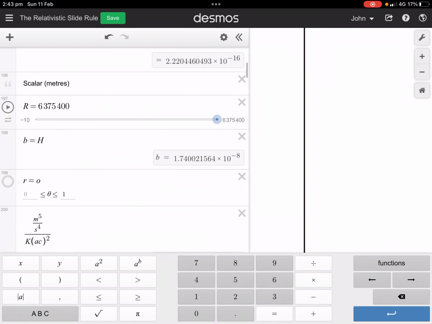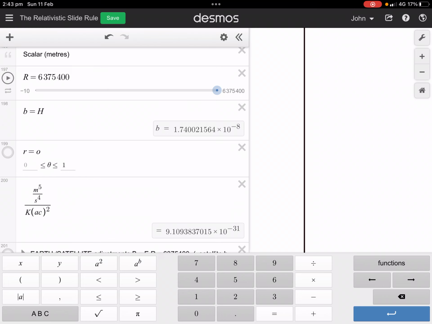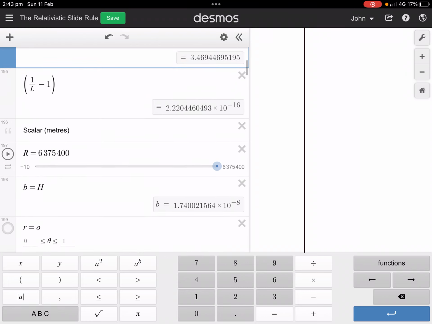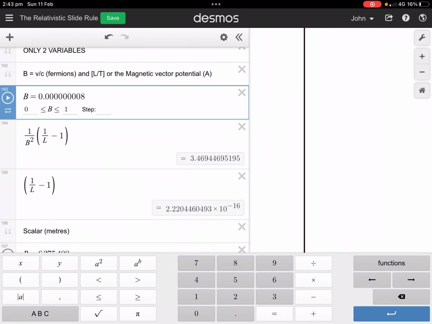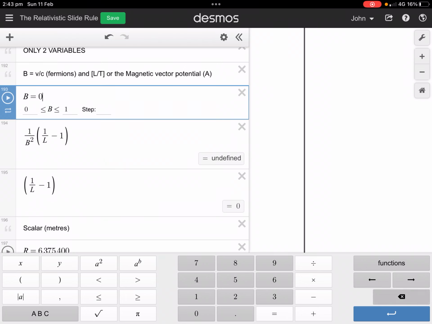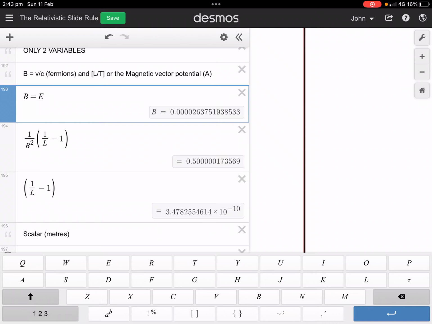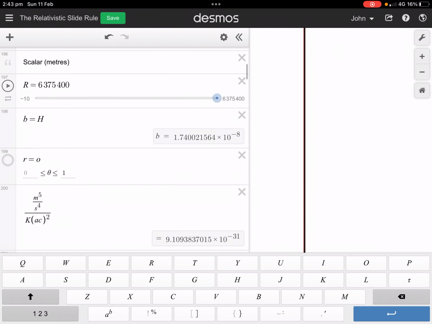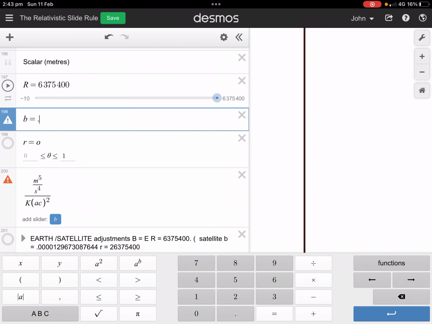Anyway, back to the Earth. I'll try and get more accurate with the Earth. I've changed things around a little bit. So here's the radius of the Earth, and the B value is E, and I'm going to create another little B for the satellite, give it its own little B. So what value are we looking for?